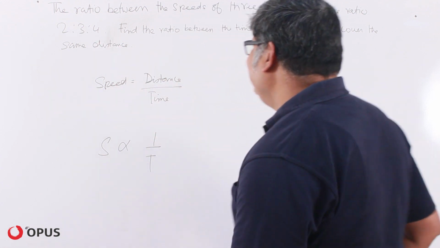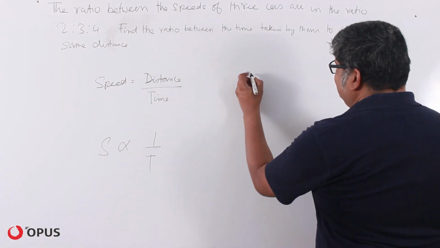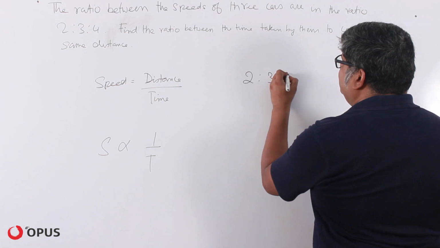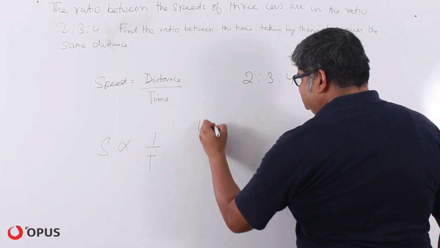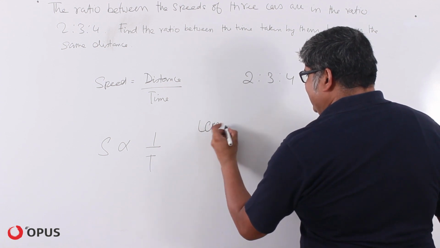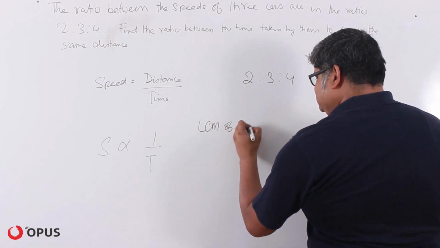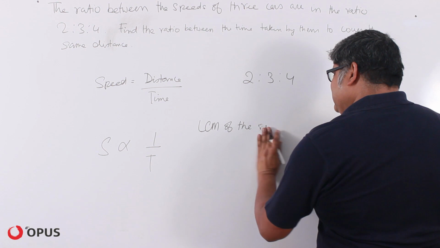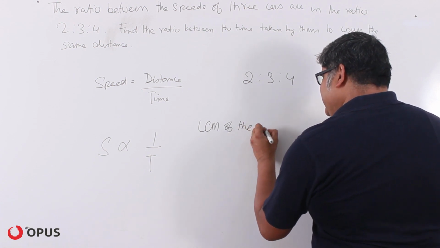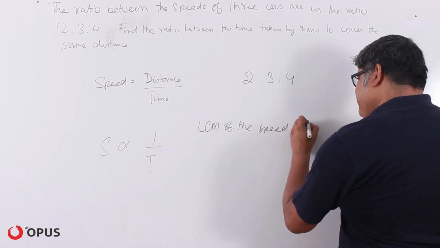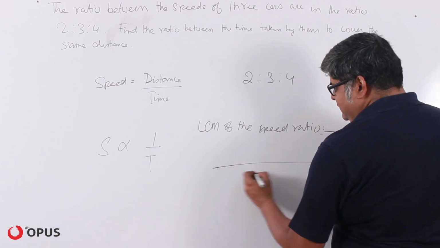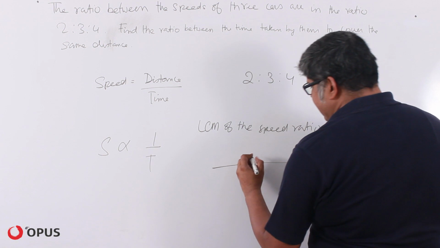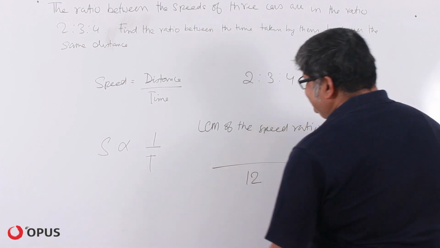Now it's very simple. Let's take the ratio of the speeds to be 2:3:4, which is already given in fact. Now let us take the LCM of the speed ratio, which is nothing but 2, 3 and 4 has to be 12.